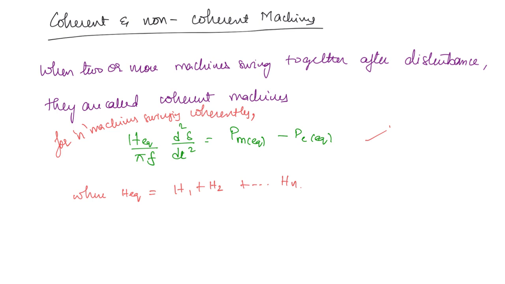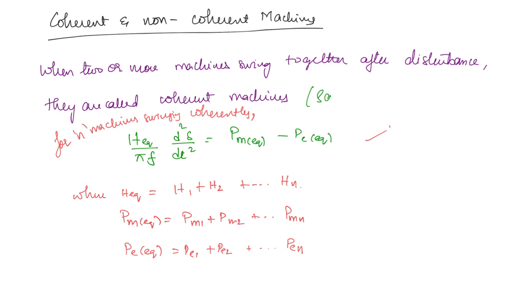Pm equivalent is also simply equal to the sum of Pm of each of the machines, and Pe equivalent is also equal to the sum of each individual machine's electromagnetic power. This is n here. So you can also write here, they have the same swing curves.